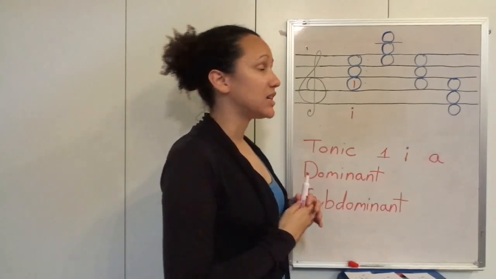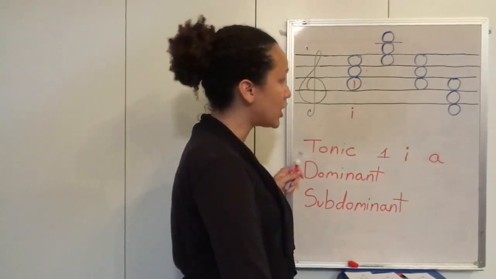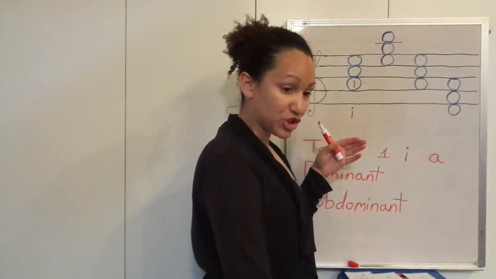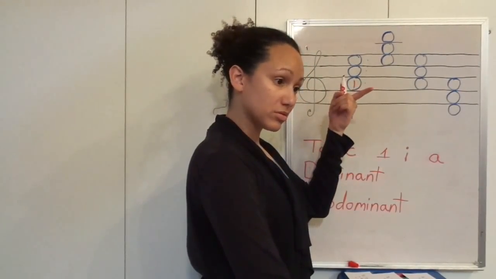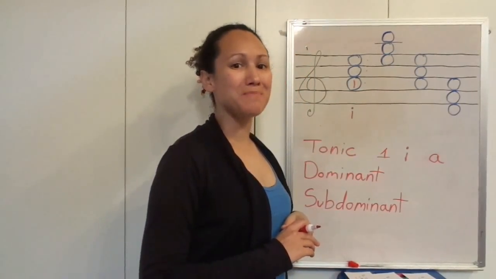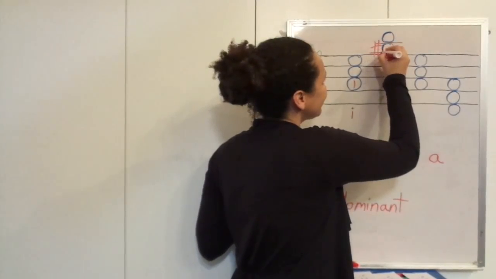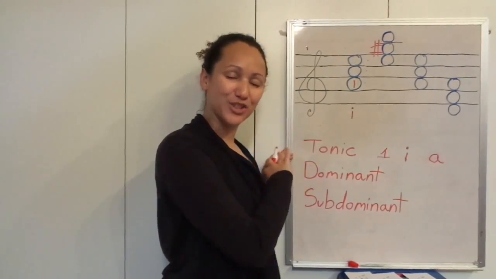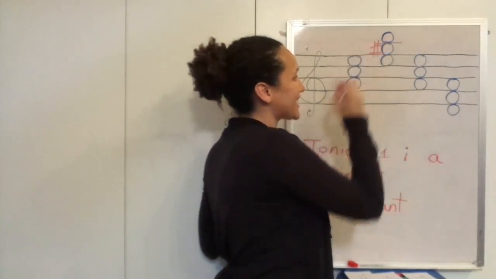The dominant needs to dominate, and the minor sound is not giving it its power. So we're going to change the G. We're going to raise it from G, here's our G, to be G sharp. We're borrowing from the major. So we're going to add in a sharp.